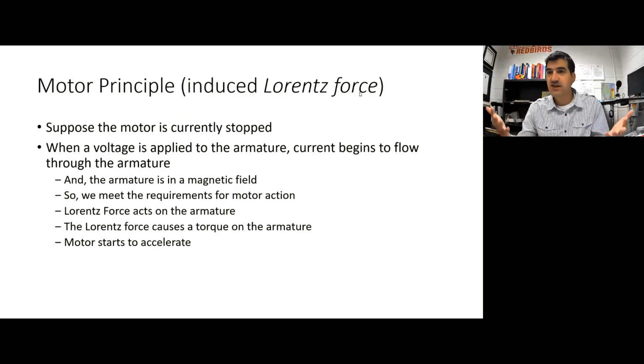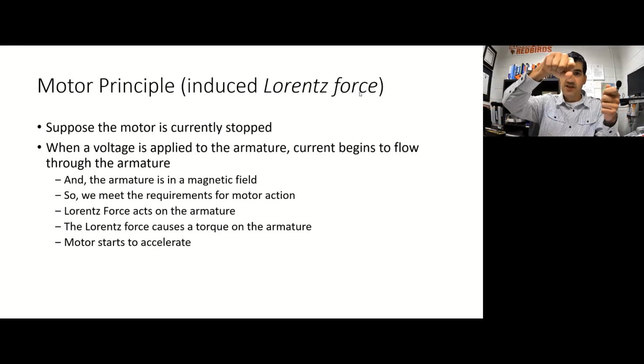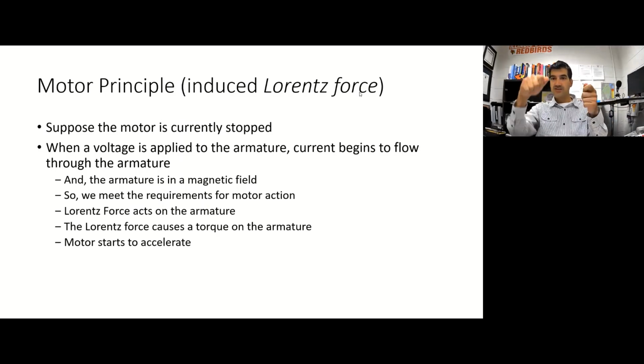It's just like any other torque, like a wrench. The torque on a wrench is equal to the length of the lever arm of the wrench times the amount of force that you're applying to that end of that lever. So it's the same idea here. The Lorentz force gives us a torque that is going to cause that armature to start to rotate around its central axis. All right, so now our motor has started rotating.